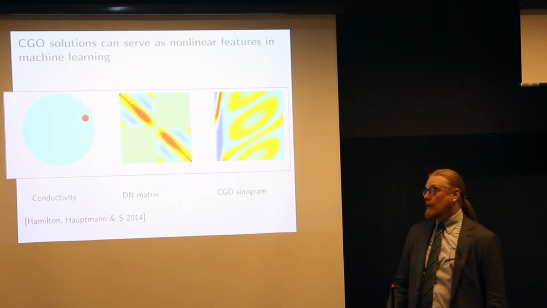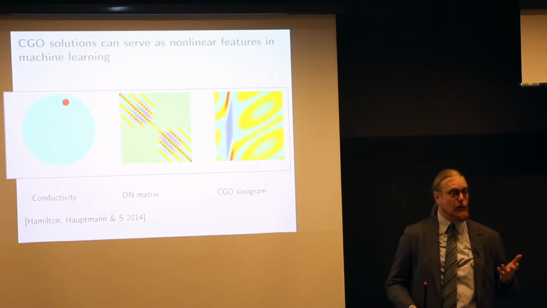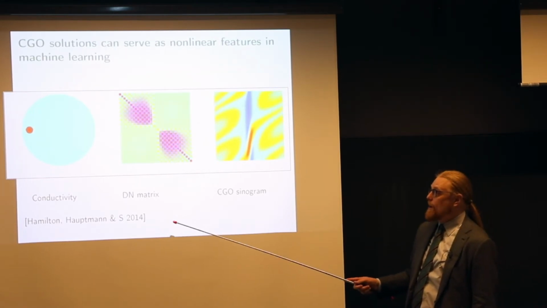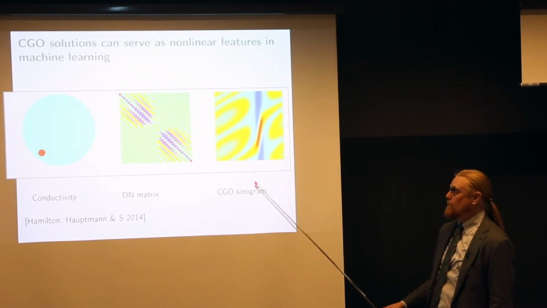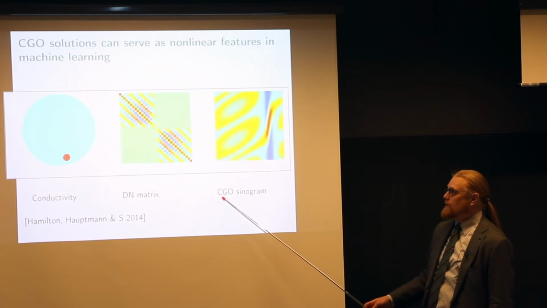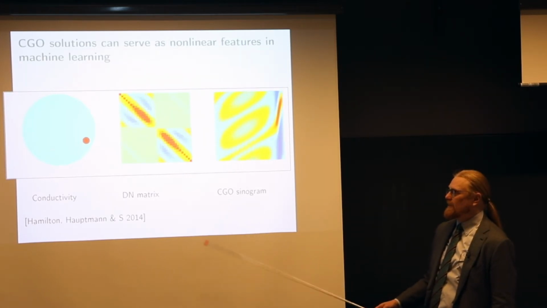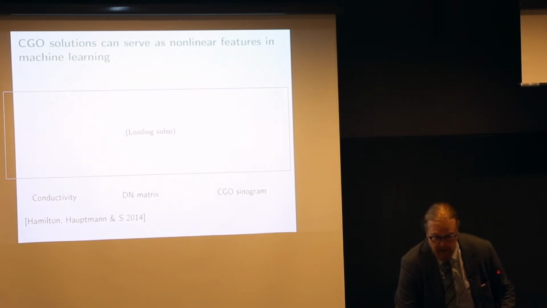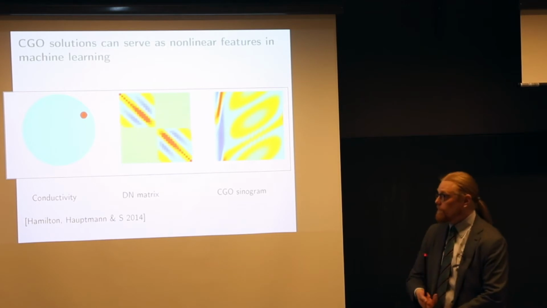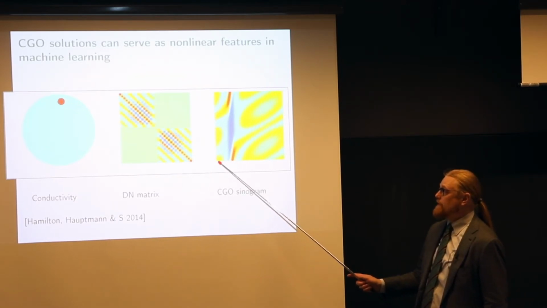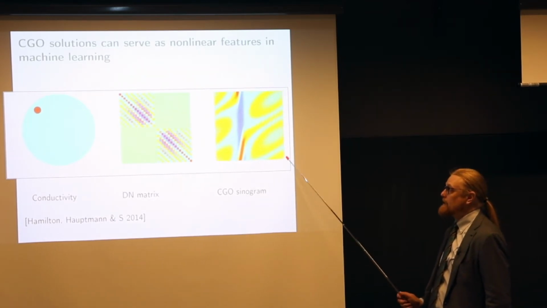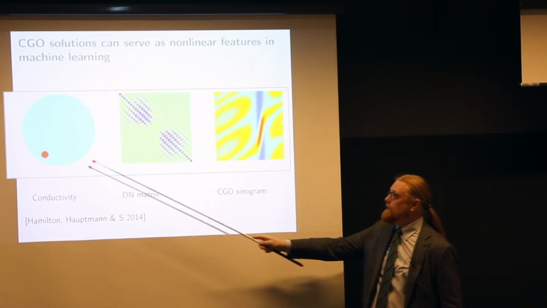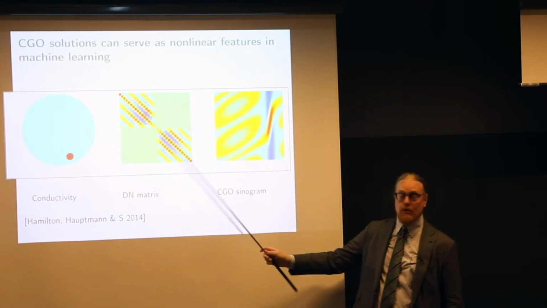And while certainly this can be learned, maybe with the UNet or with some really advanced machine learning method, I'm sure it can be learned. But if you look at, for example, this one, where we have these so-called complex geometric optic solutions that are kind of generalized exponential functions used in the nonlinear Fourier transform. Here we can actually see, so this is from 0 to 2 pi, this axis. So we can actually read off very clearly what is the angle of the location of this guy.